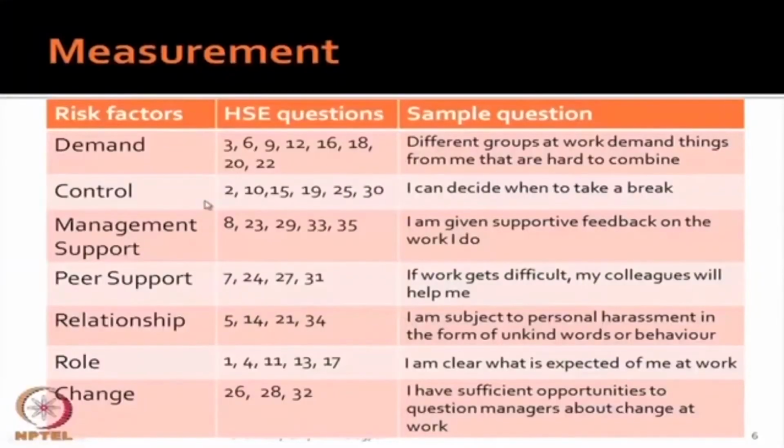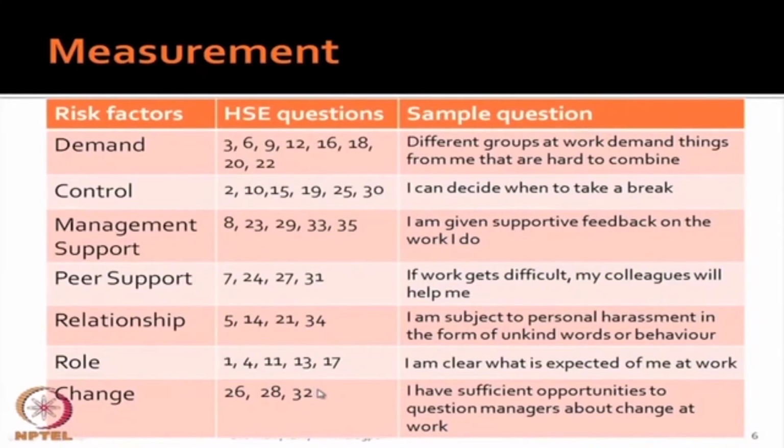Now, you see this table here: demand, control, management support, all those things, and HSE questions. First case demand 8, control 6 questions, management support 5 questions, peer support 4 questions, relationship 4 questions, role 5 questions and change 3 questions.